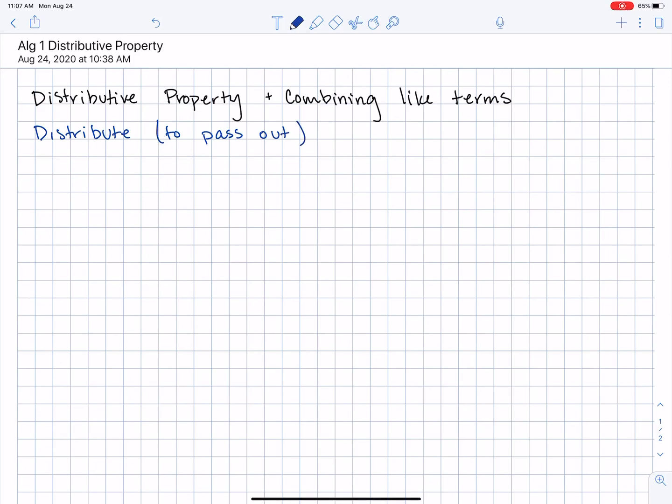And so when this happens in algebra, you're passing out a number or a term to a set of terms inside parentheses. Now, this isn't the actual definition, but that's kind of how Ms. Lawrence thinks about it in terms of our distributive property.